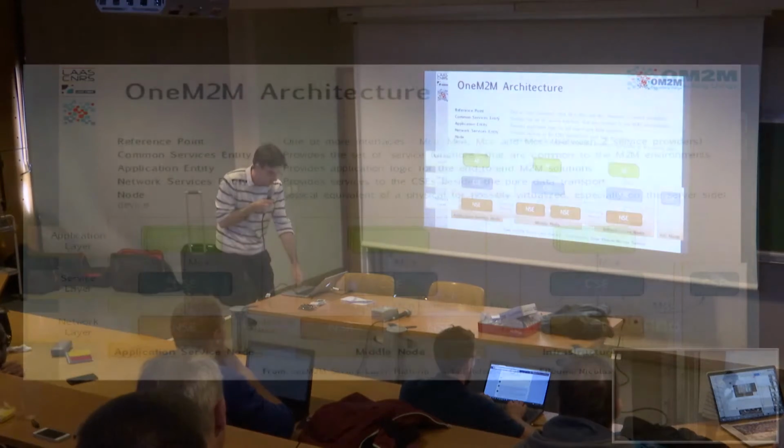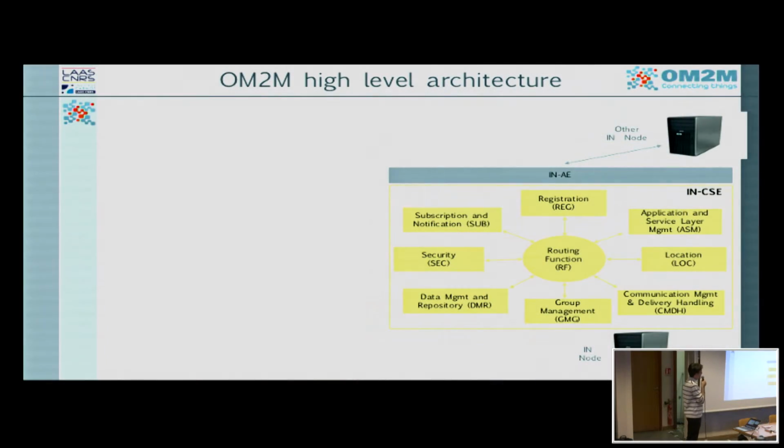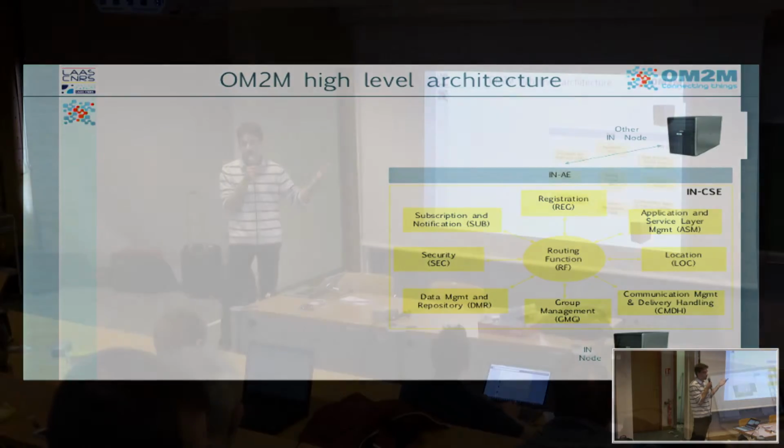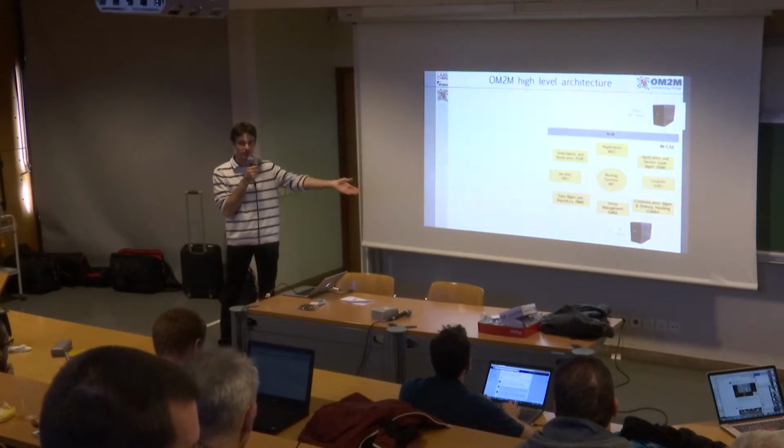So here, a little insight. In the infrastructure node, you have different kinds of services that can be deployed, and of course, for instance, you will have an instance of oneM2M running on this node, on the server.